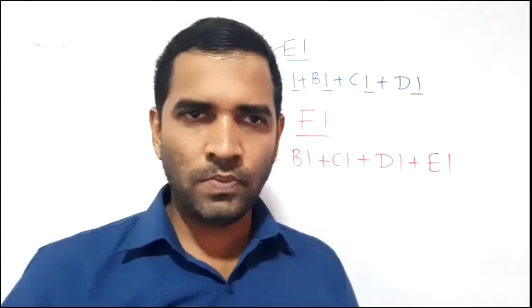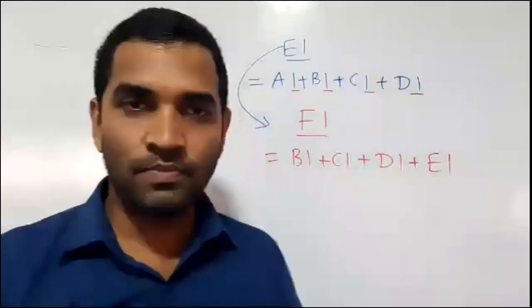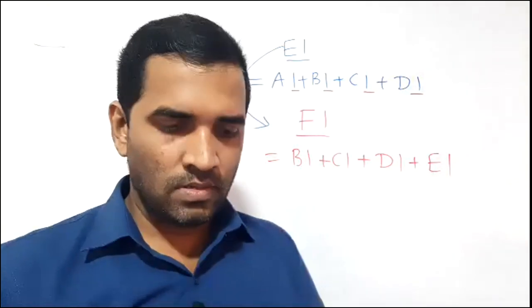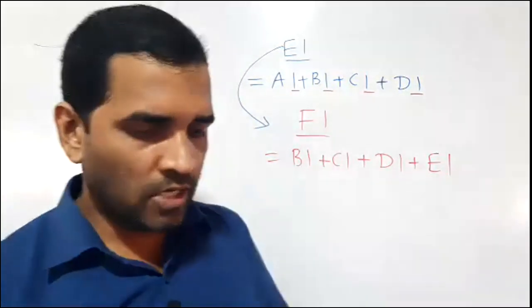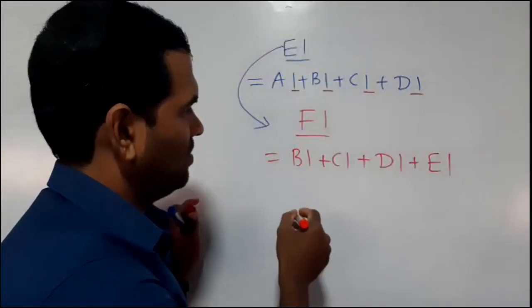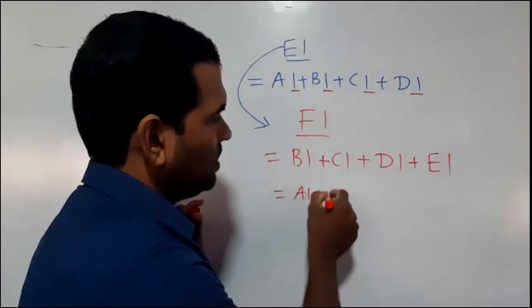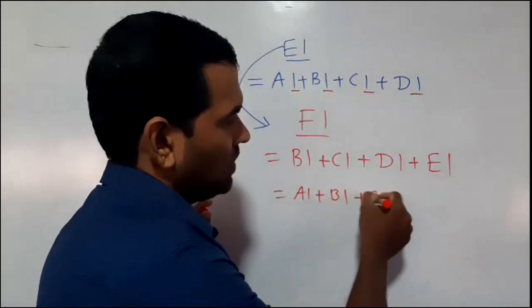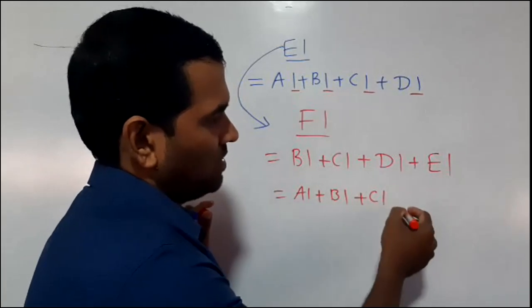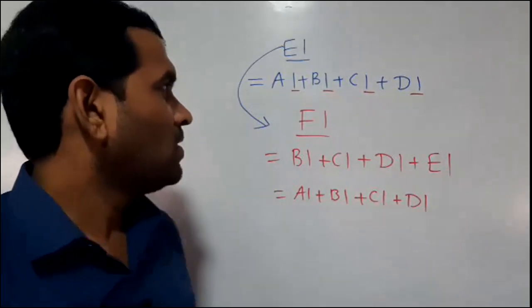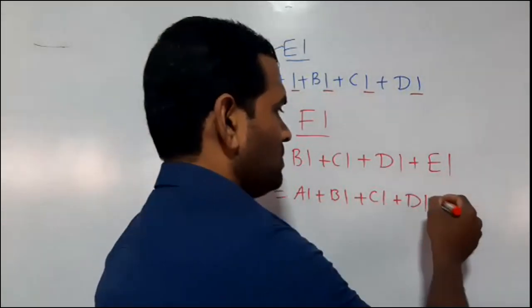So what would be displayed in F1? We should also add A1. So tell your answer. A1 plus B1, plus C1, plus D1, and E1.